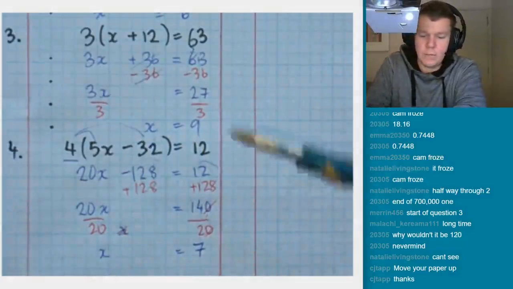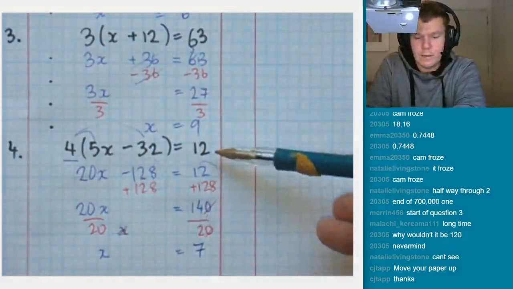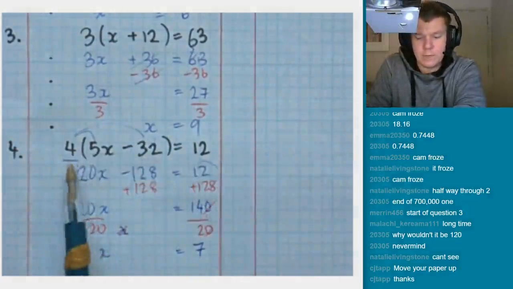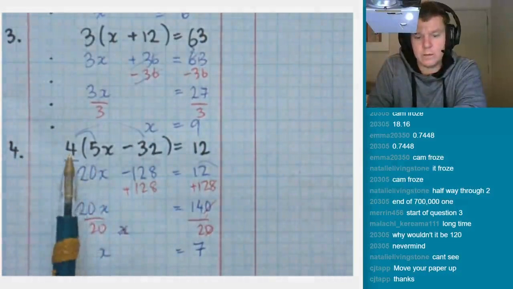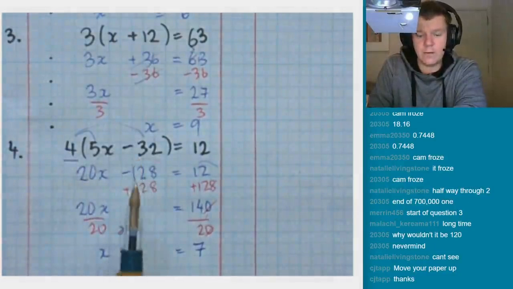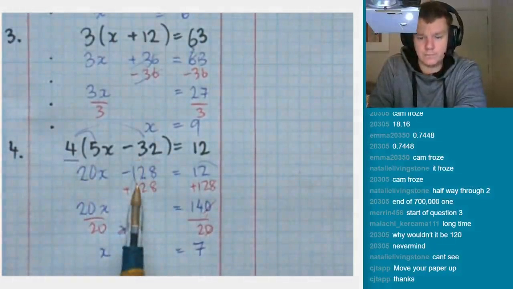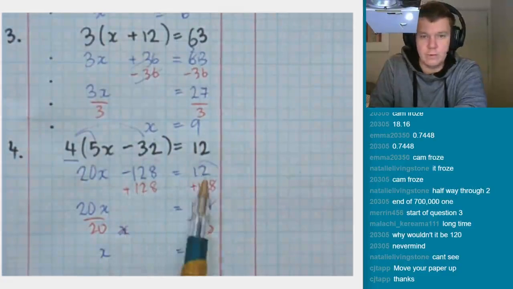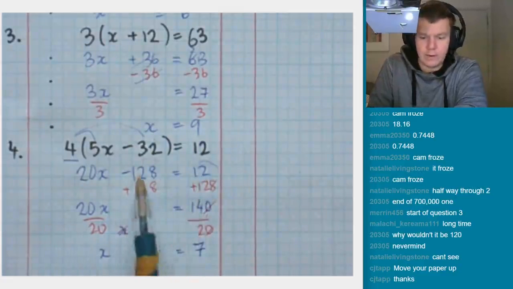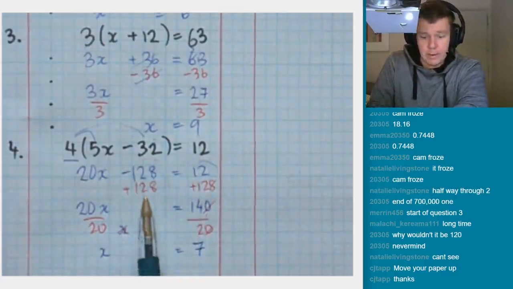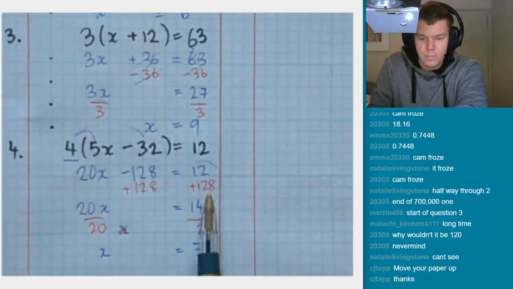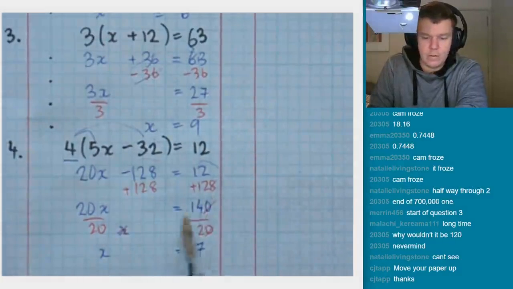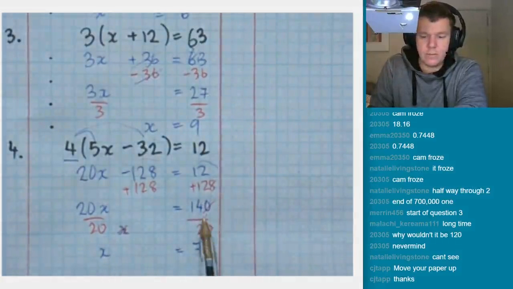Okay, number 4. Expand the bracket. 4 times 5x makes 20x. 4 times negative 32 makes negative 128. And then 12 is 12. To get rid of this negative 128, we need to add 128. 12 and 128 is 140.